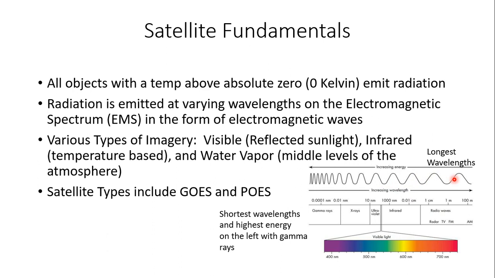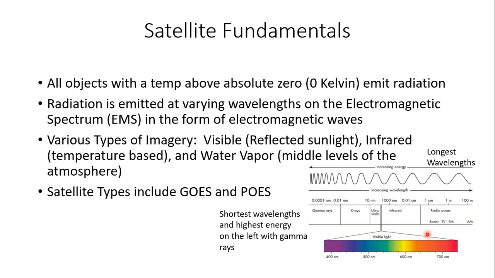So the wavelengths are getting larger and larger, and that means the amount of energy is getting less and less. Some examples of longer wavelengths would be radio waves, such as radar, TV, FM, and AM radio, AM radio being one of the longest wavelengths on the spectrum. But just some interesting concepts here when we look at this EM spectrum and how we compare the different ranges.